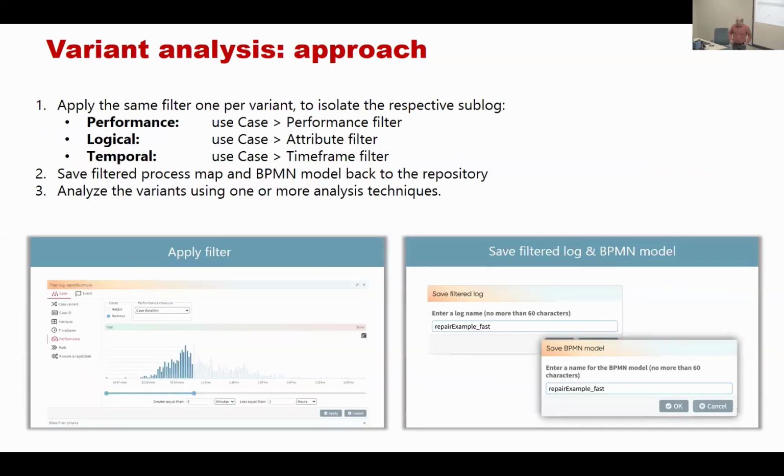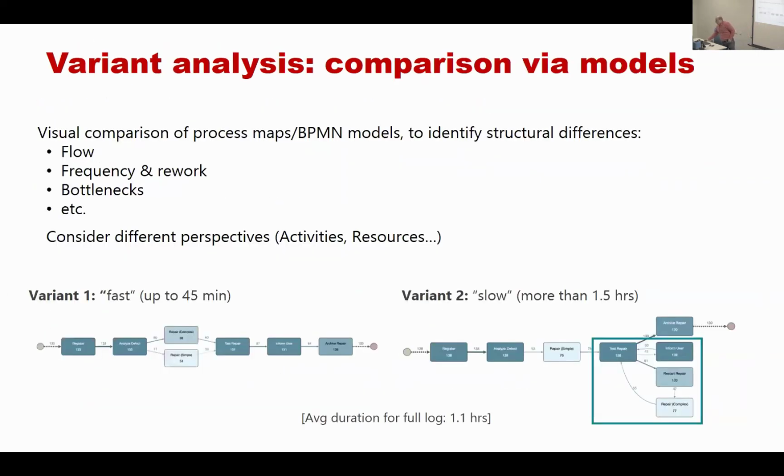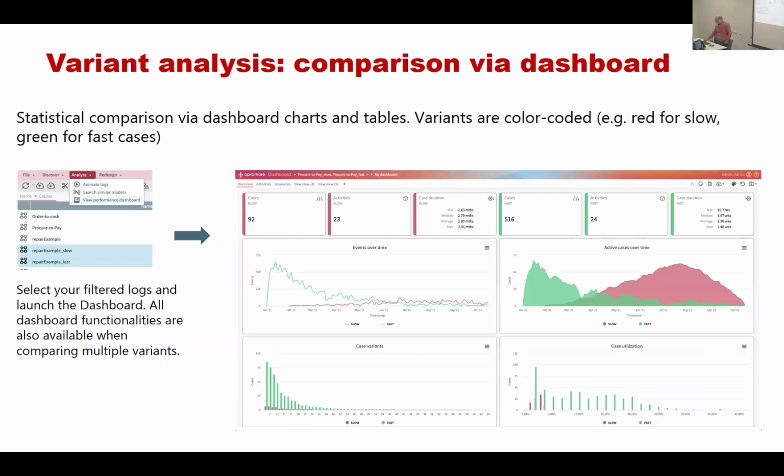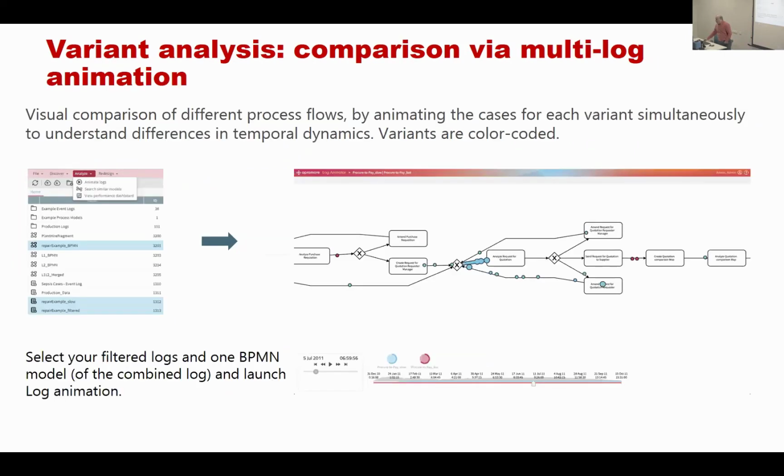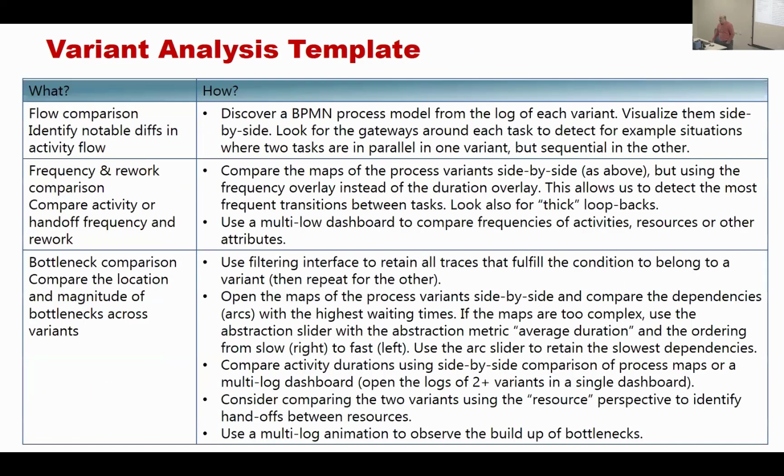For example, using the 3 techniques we saw last week: comparison of flows, comparison of rework frequencies, and comparison of bottlenecks, both using the process map and dashboard, and possibly also animation.